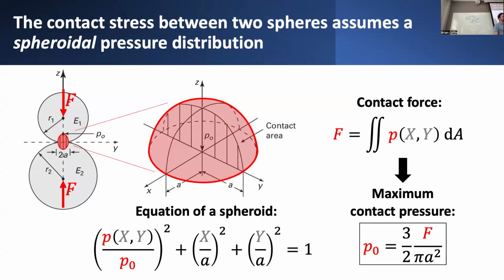And we can approximate what that maximum stress should look like by assuming that this bubble is going to take a form that looks like this, that the distribution of pressure over this area will look like what, at least in this description, I'll define as a spheroid. It's kind of like a sphere, except one of the axes of the sphere might be elongated.